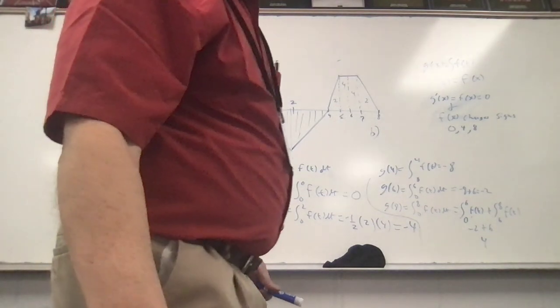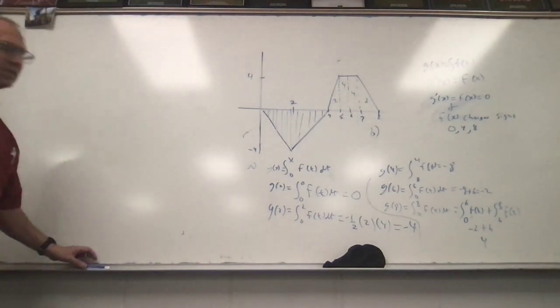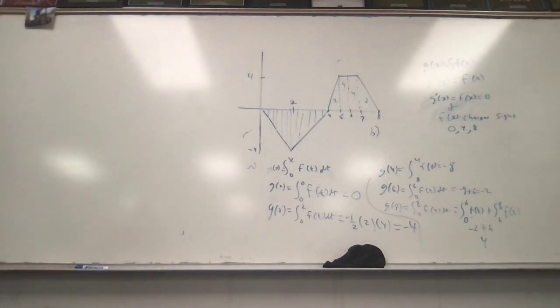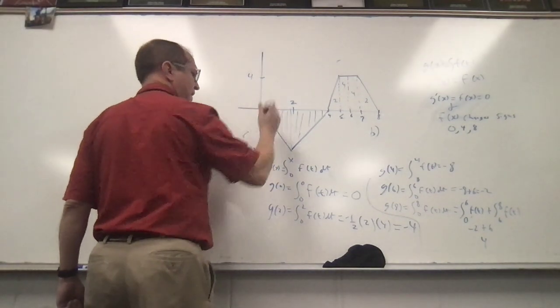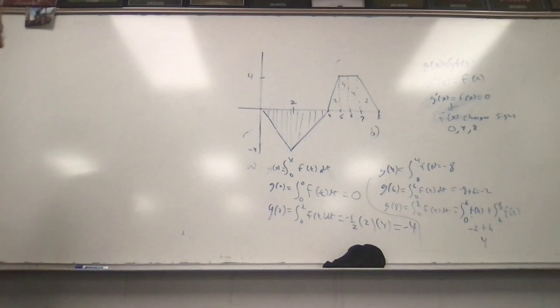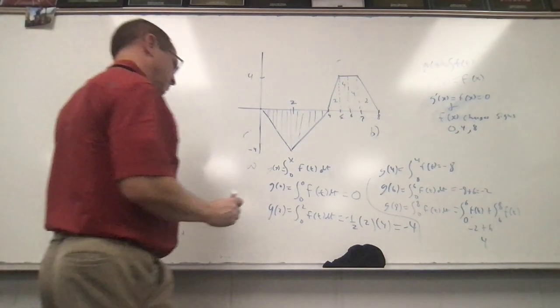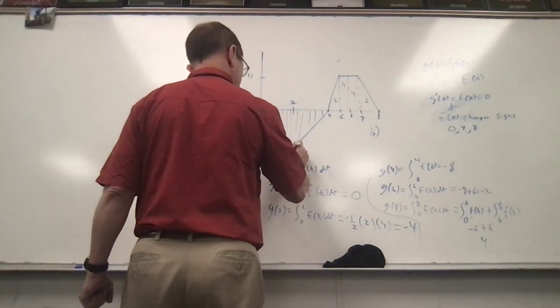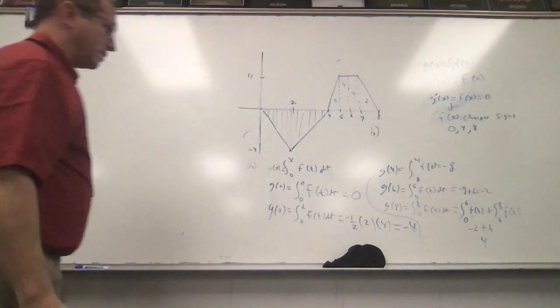So the directions here want us to sketch this graph in the last part. Sketch this graph. Well, let's plot some points first. First point I'm going to plot is 0, 0, right? The next point, I'm going to go to 2, and I've got 2, negative 4. All right.